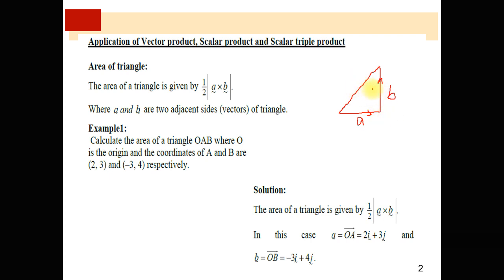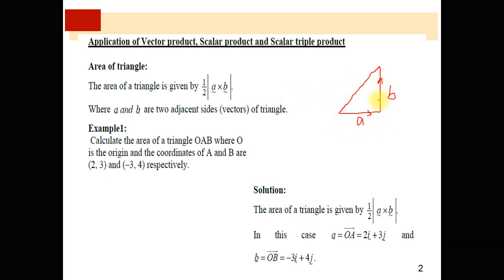So for the cross product of two adjacent sides, we can use these two adjacent sides, and we can also use these two adjacent sides. So this is a triangle determined by three vectors A, B and C.